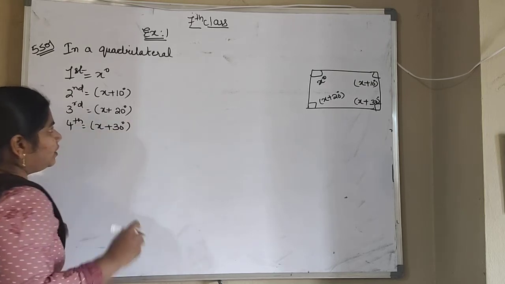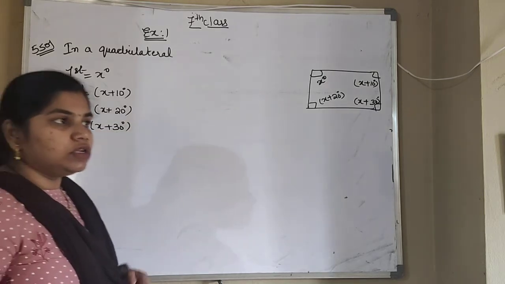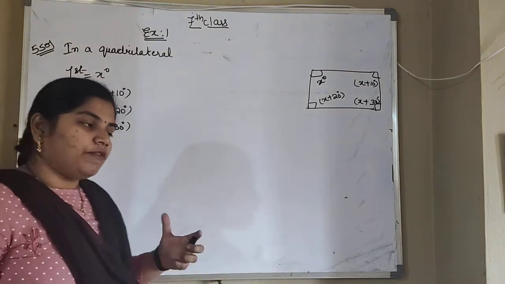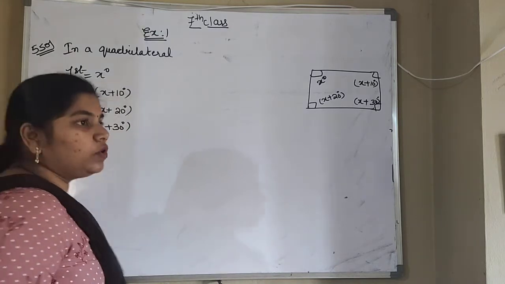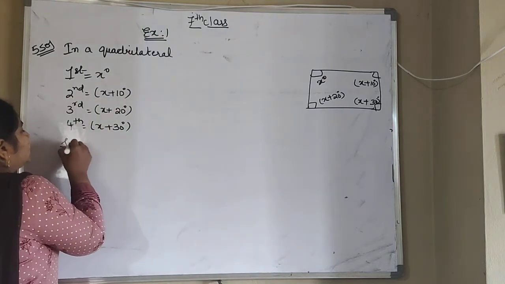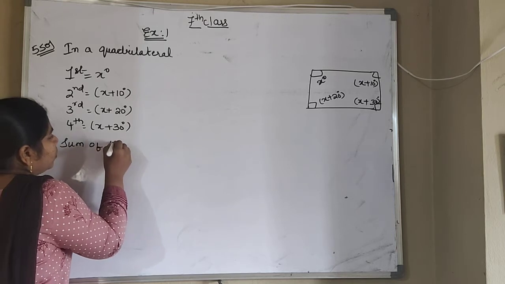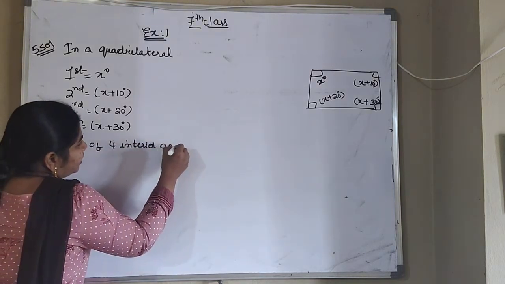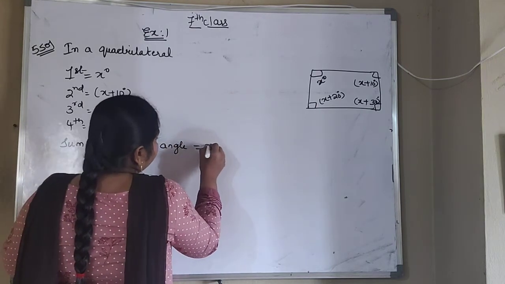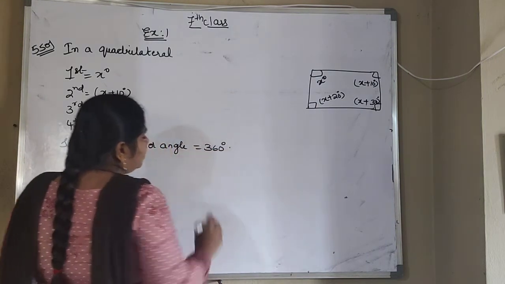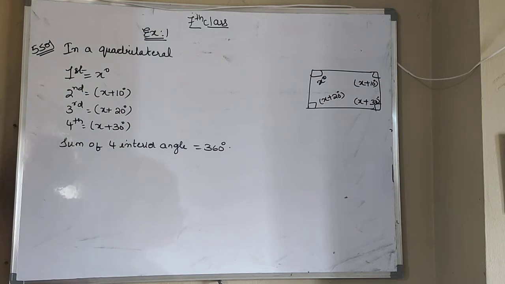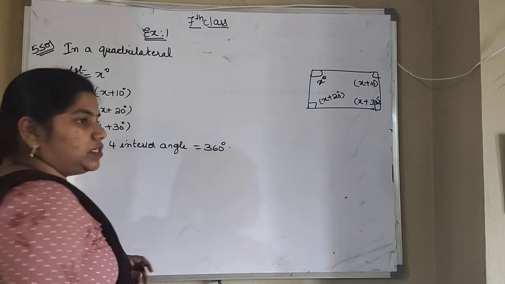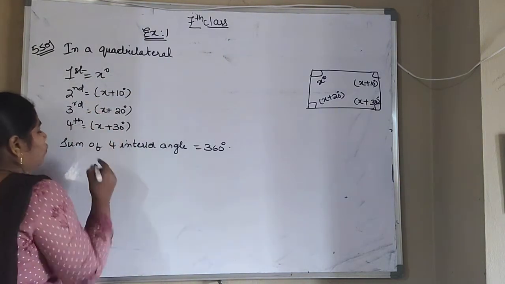So we have to find the x value here and also all the 4 angles. Already we know that the sum of 4 interior angles is 360 degrees. So add all the 4 angles.